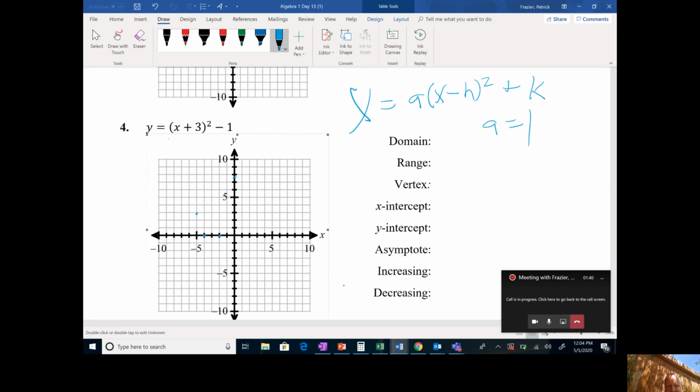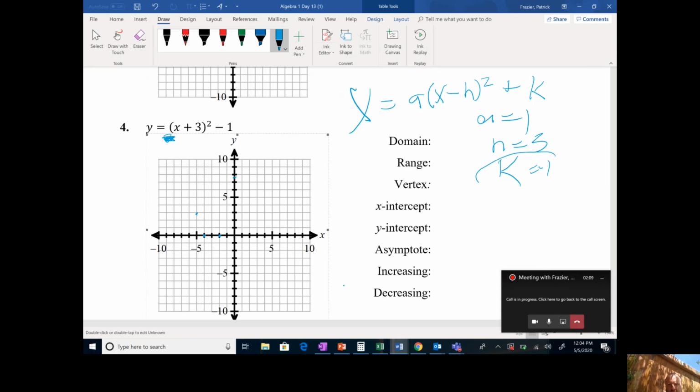There's nothing outside the parentheses over here that would change the slope from a 1-to-1 ratio. Well, no, a still equals 1. And then h equals 3, and k equals -1.